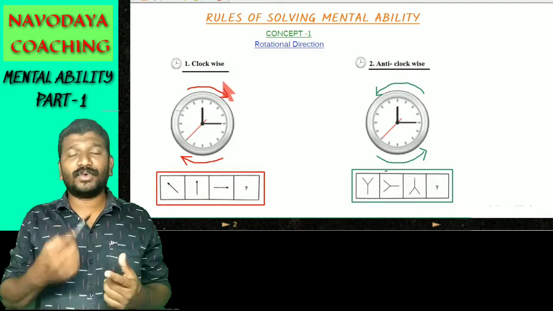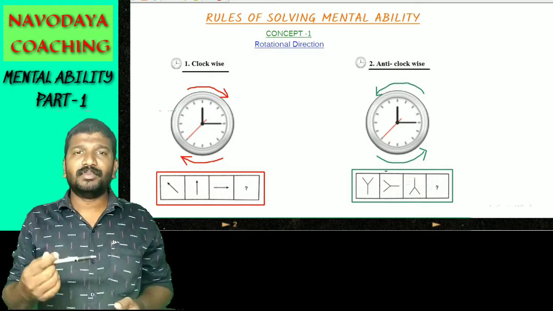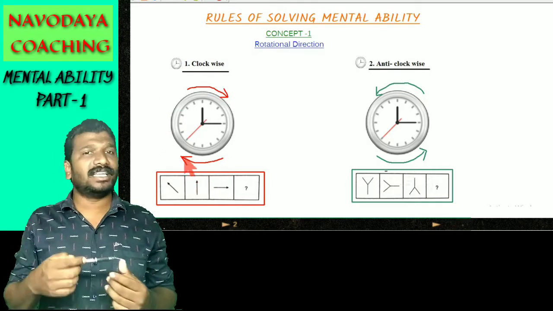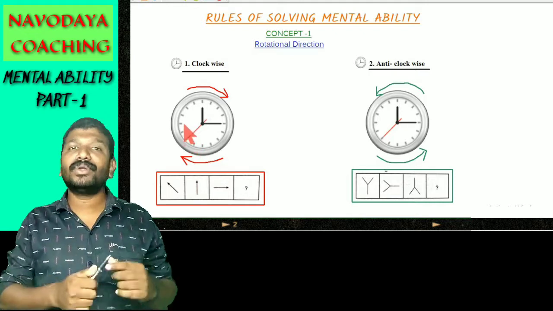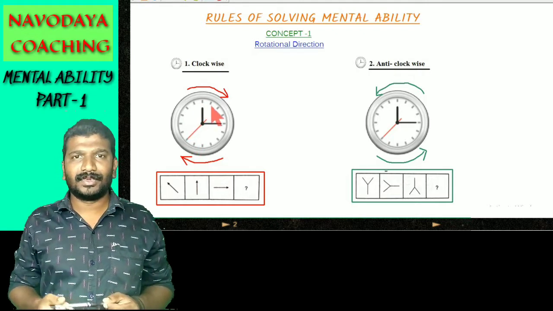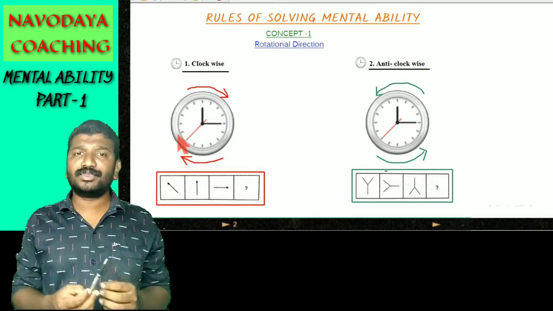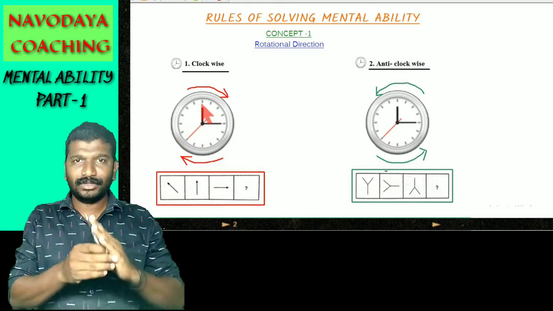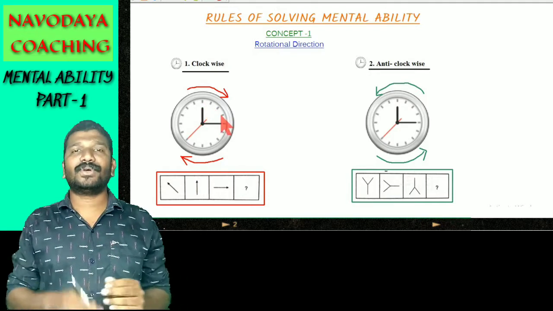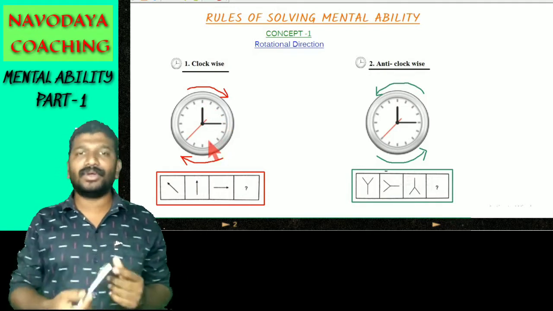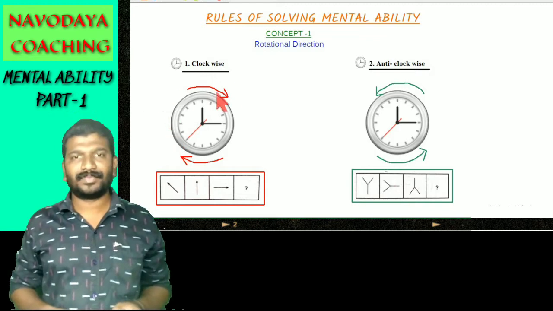When we check the clockwise direction, the movement of the hands in a clock shows the clockwise direction. Means the second hand is moving from 12 to 1, 2, 3, 4. That movement is called clockwise direction.